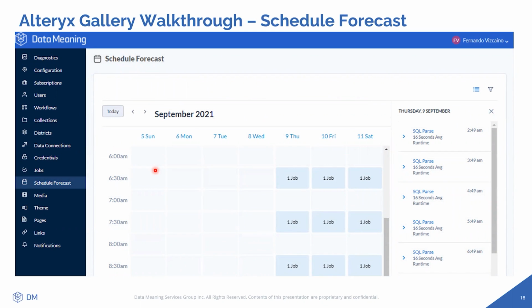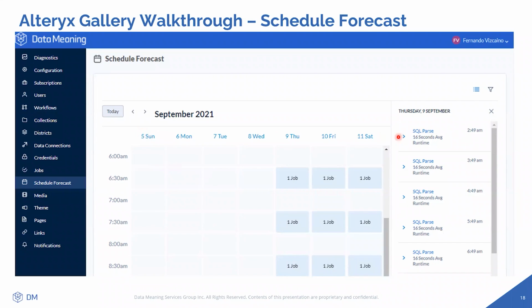The next area here is the schedule forecast. So here you're gonna have a really good understanding of how many jobs you have scheduled for each half hour time slot throughout the day.